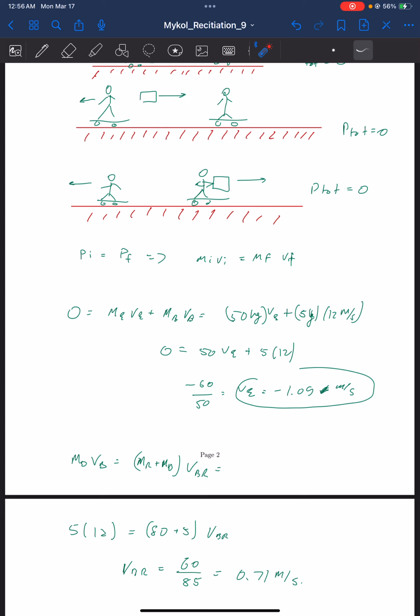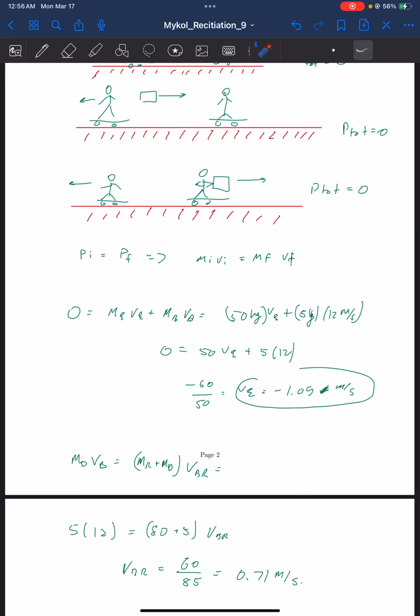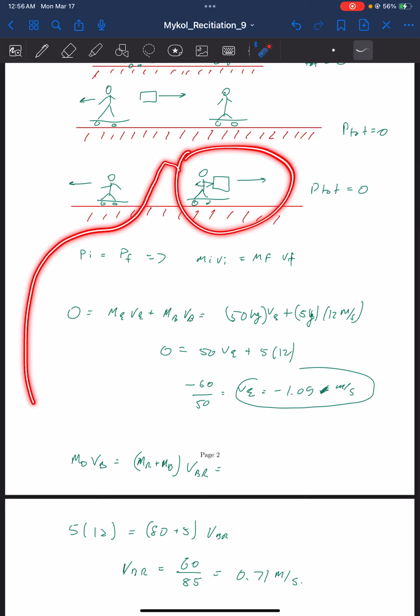From this initial arrangement, the mass of the ball times the velocity of the ball would equal the momentum in this scenario, where we have the mass of the ball plus the mass of Tom, times the velocity of the Tom-ball system.